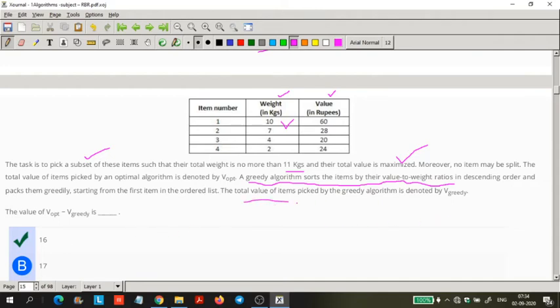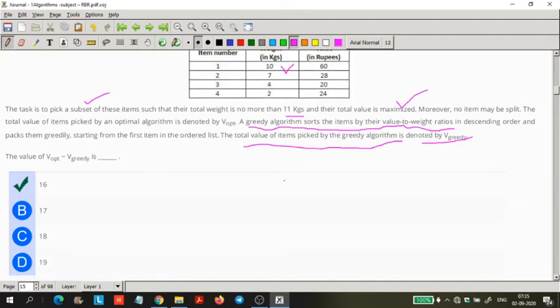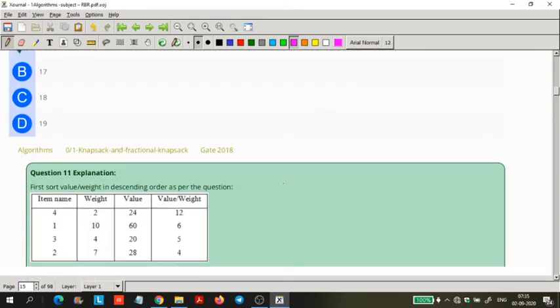The total value of the items picked by the greedy algorithm is denoted by V greedy. The value of V opt minus V greedy is 16. So we'll see the solution.